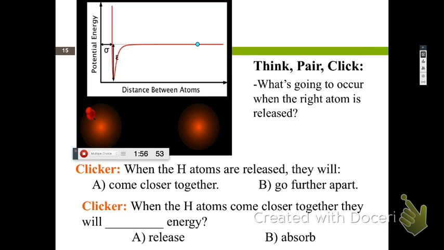So those two atoms were apart, they had potential energy, that potential energy is now less, so they release energy. Is there another way we can think about this? Angel? Just thinking about the electromagnetic spectrum and how when they go down a level, they're releasing energy, and when they're going up, they're absorbing energy, and so would it give off light?